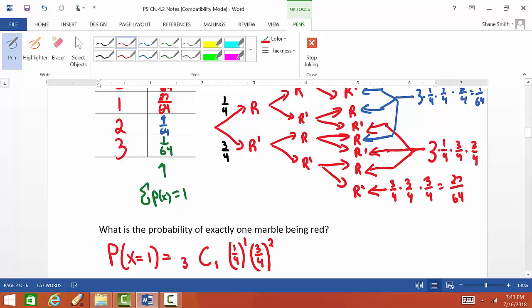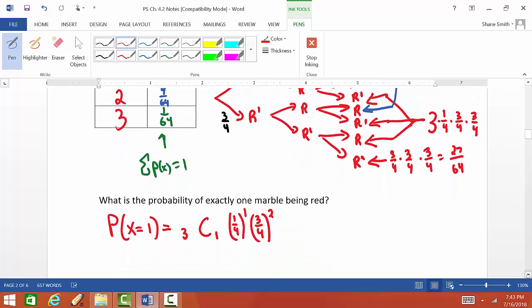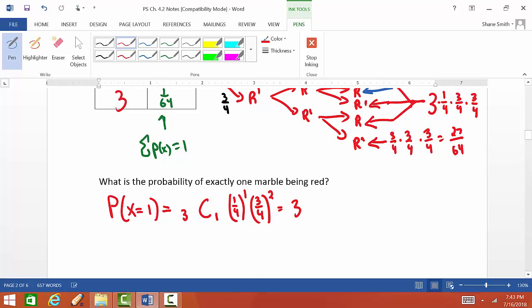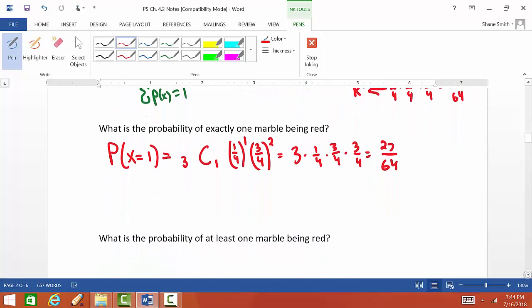If you look at the one red and two not reds, 3 choose 1, you could do that in your calculator, but you'll find that this is 3 times 1/4 and then 3/4 twice. And that's exactly what we did, which is 27 over 64. So this is basically a formula that you can use to find the probability of exactly one red marble, and it works generally for any binomial experiment.